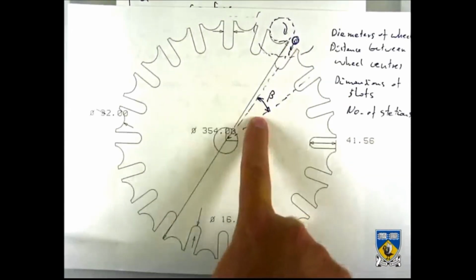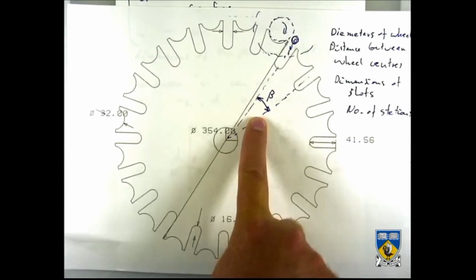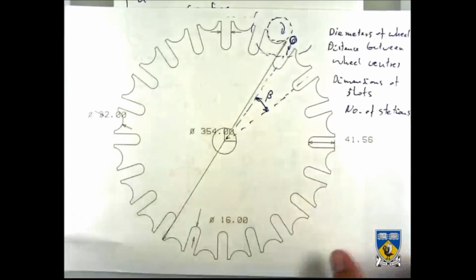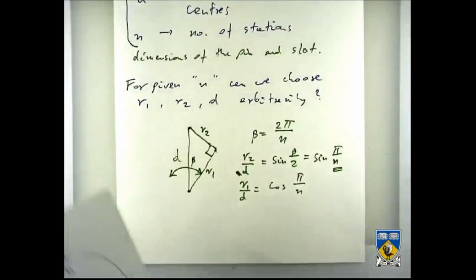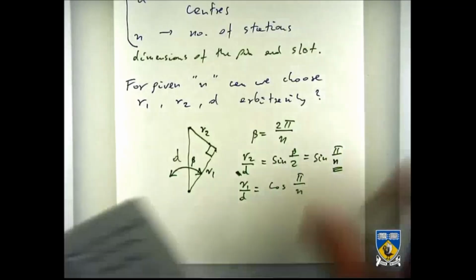And beta, of course, is 2 pi divided by 20 because there are 20 stations. So we therefore have a very quick calculation for the design.